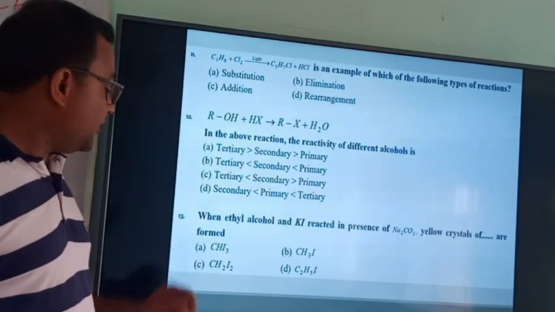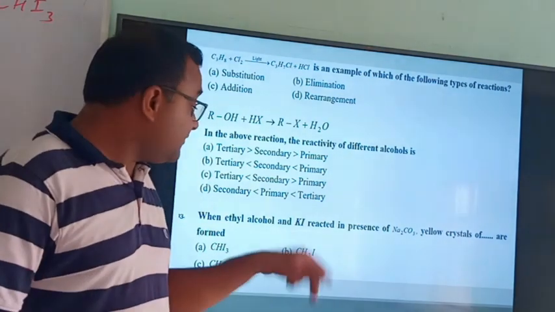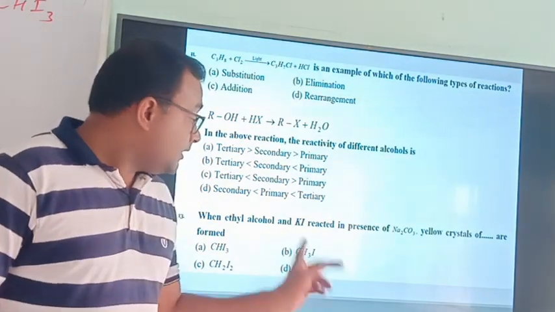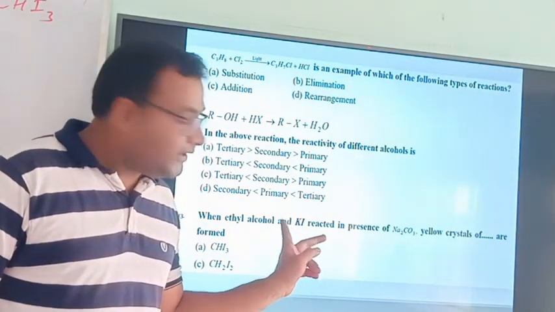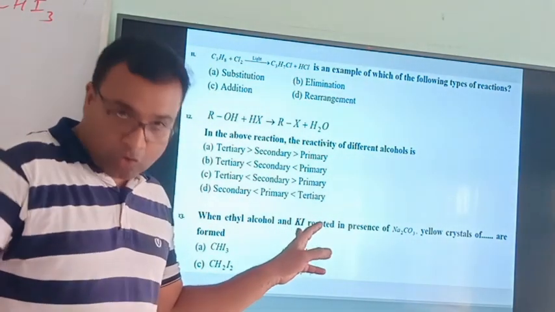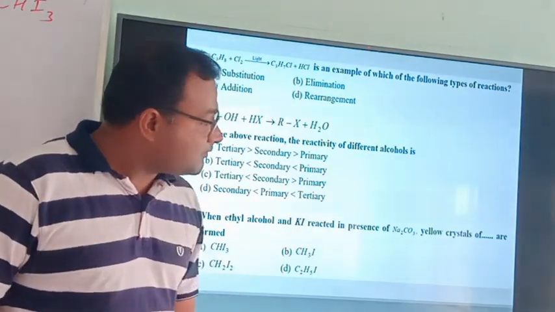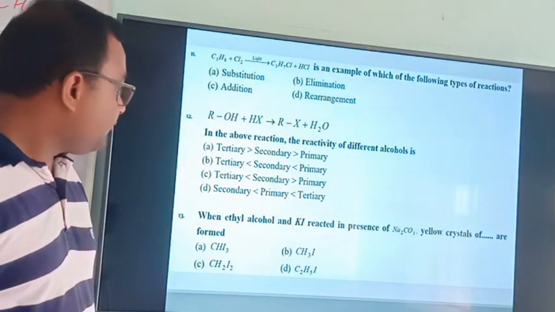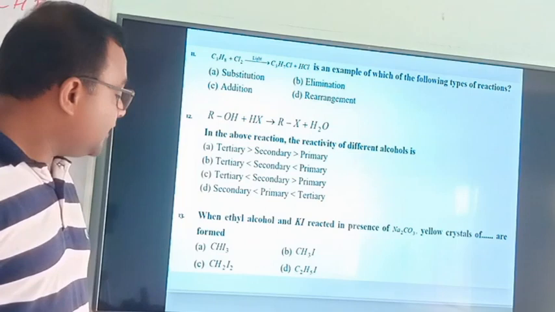Question number 13. When ethyl alcohol reacts with potassium iodide, one thing is missing: excess. Please write down excess. Excess potassium iodide reacts in presence of sodium carbonate. Yellow crystals of dash are formed. Which one is a yellow crystal?